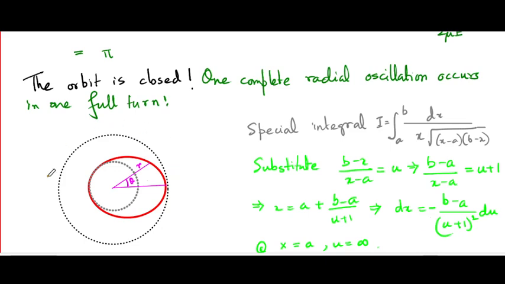So this is the picture for this kind of orbit. You have a small circle here showing Rmin, a large circle showing Rmax, and the orbit essentially will go from this max to the min and back to the max in exactly 2 pi change of theta, which means you will go back exactly here.